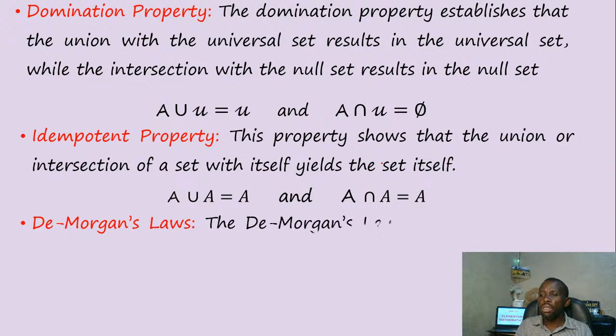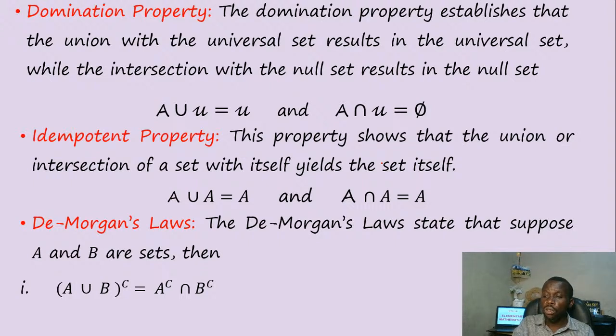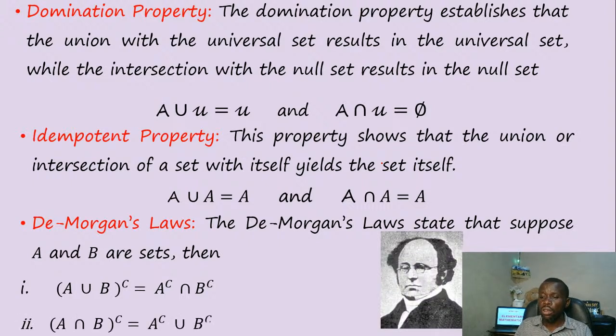Now, De Morgan's law. De Morgan's law states that suppose A and B are sets, then the complement of A union B is A complement intersection B complement, or the complement of A intersection B is the same as A complement union B complement.